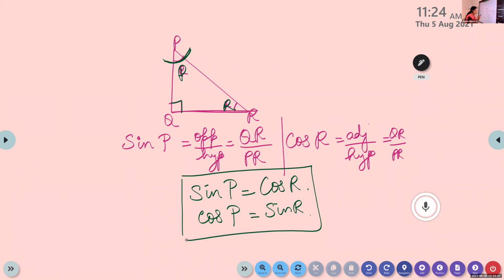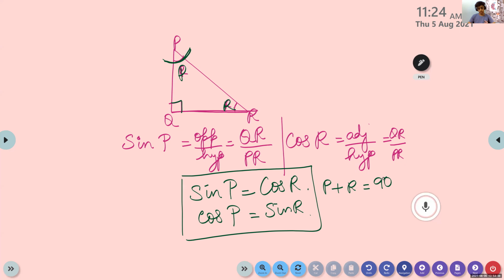So now look at here, children. What is the sum of the angles P plus R? What will you get? 180 degrees? How? PQR is a right angle triangle. So P plus R is 180 minus 90, it is 90.